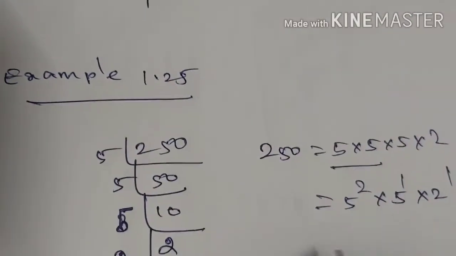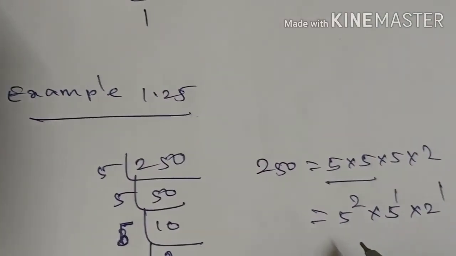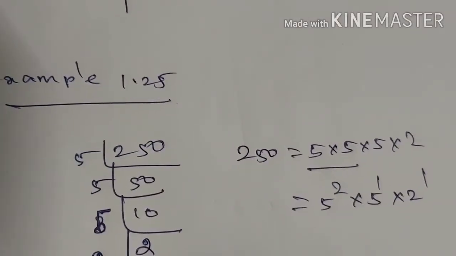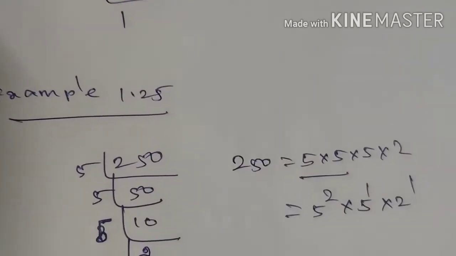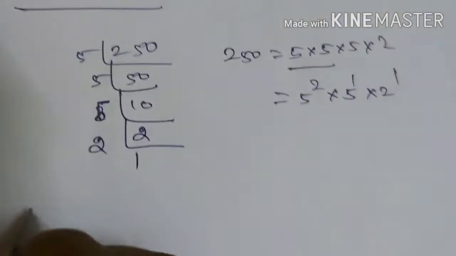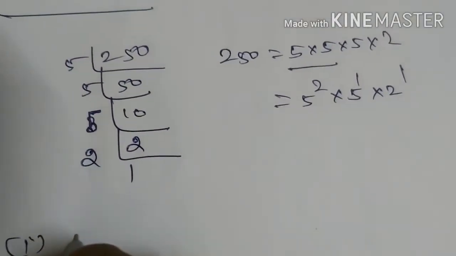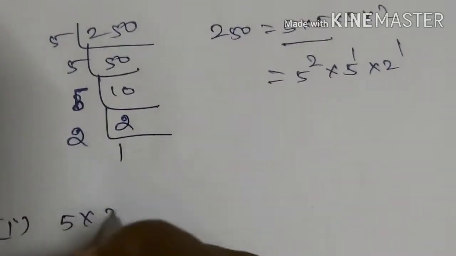If we multiply 250 by 10 we get, 1 5 and 1 2 remaining, so 5 2s are 10. If we multiply 250 by 10 we get 2500.